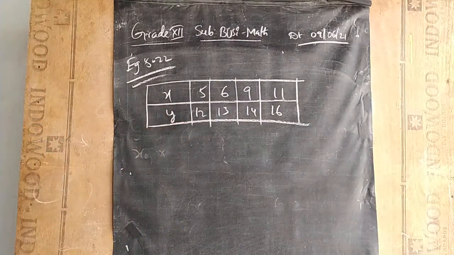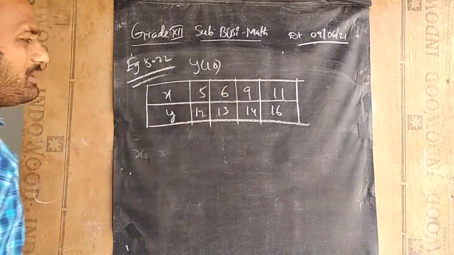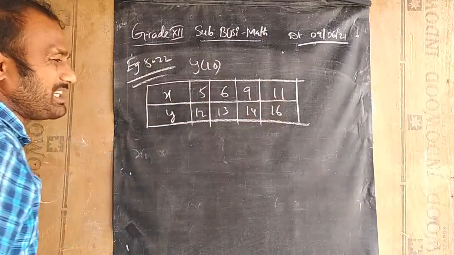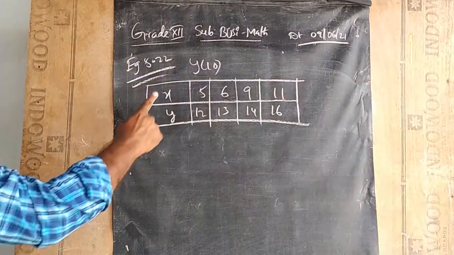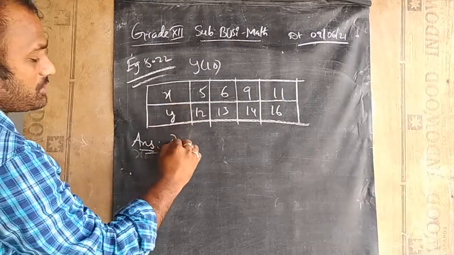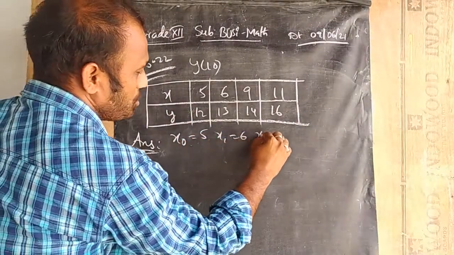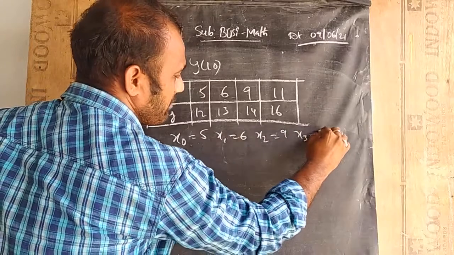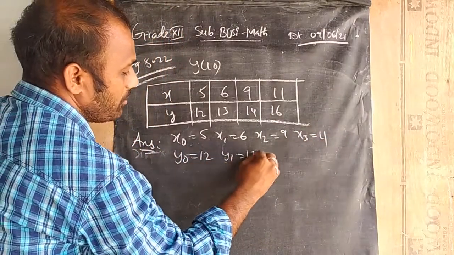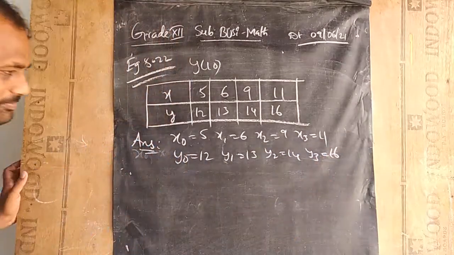He's asking the question to find y of 10. By seeing this, here the gap is 1, here it is 3, here it is 2. Since the gap is not constant, we have to use Lagrange's interpolation formula. So what is x0 first? x0 is 5, x1 is 6, x2 is 9, x3 is 11. Next, y0 is 12, y1 is 13, y2 is 14, y3 is 16.